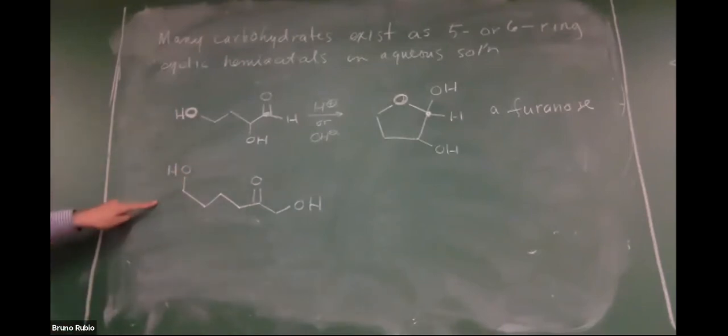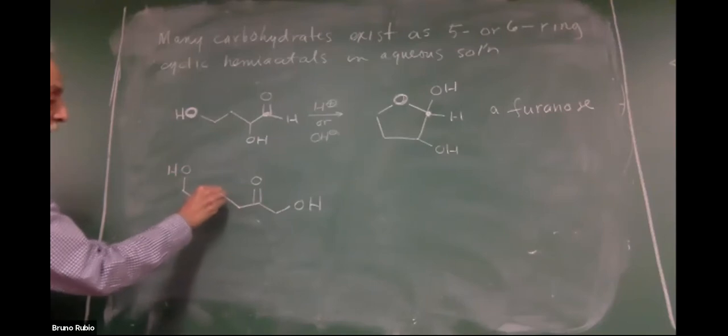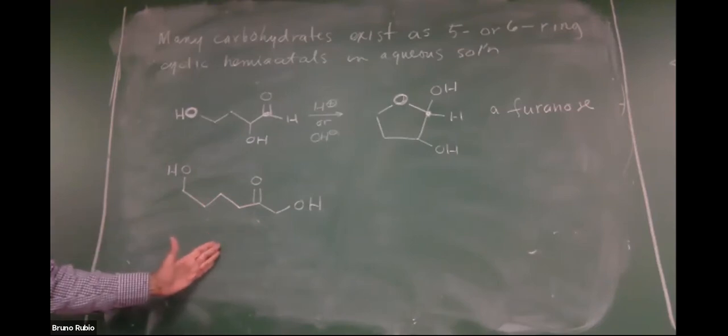Okay, and I could have swung this OH group down, but I didn't. I'm just trying to make this a little bit easier to understand. 1, 2, 3, 4, 5, 6. Yeah? Okay, is this a carbohydrate? It is. It's a polyhydroxy ketone, but it's kind of unrealistic because it's so highly deoxygenated.